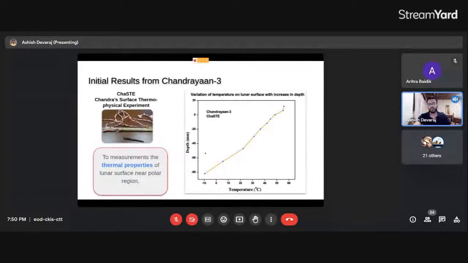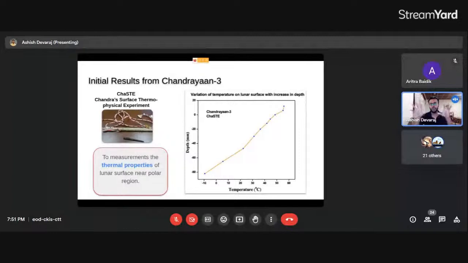So now look, this is very interesting. At the surface you see around 50 degrees Celsius, and by just probing 8 centimeters below the surface, the temperature drops drastically to minus 10 degrees Celsius. That is a huge drop. So these are initial results.